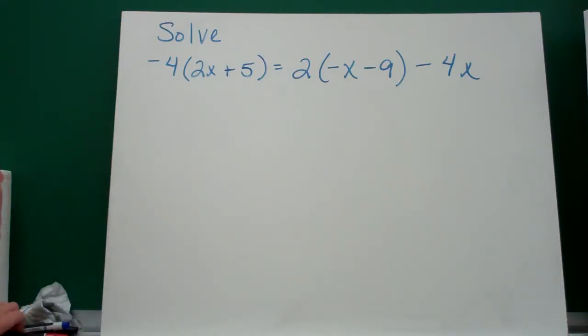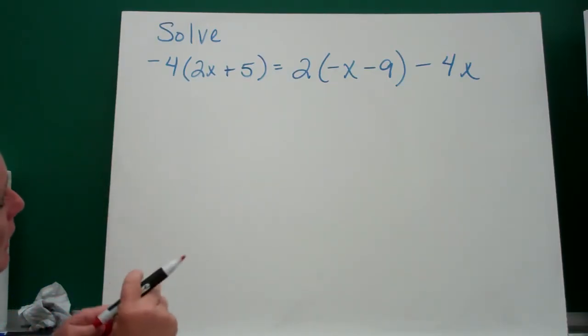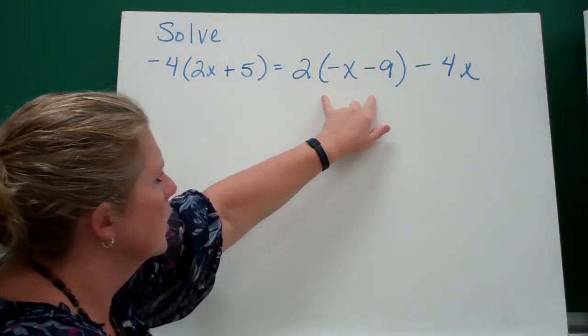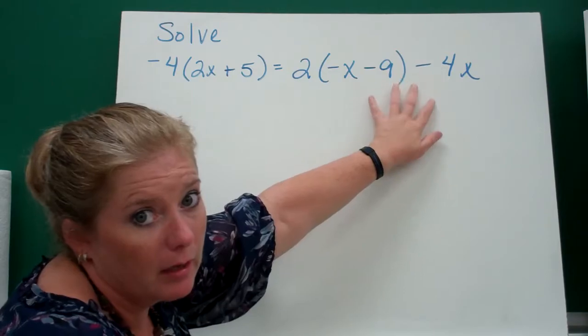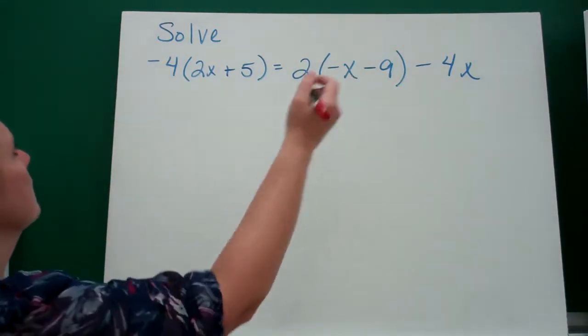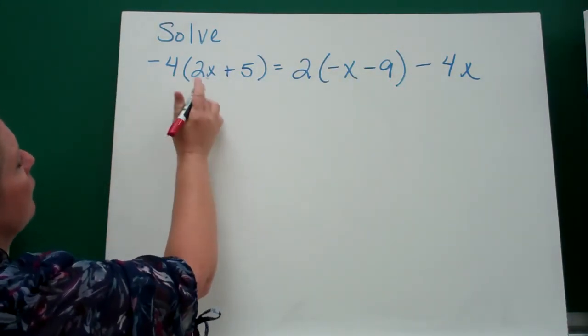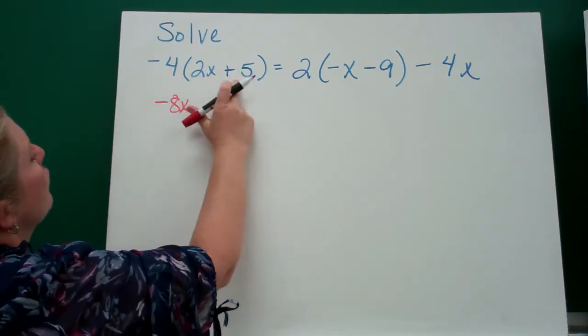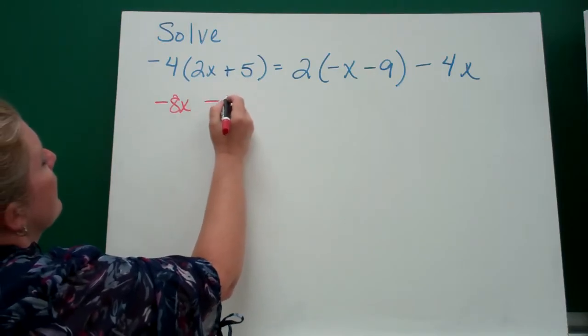Another solving problem. We like solving equations. Here it's slightly different because we have to use the distributive property here and here. Then we have to simplify by combining like terms. So let's go. Negative 4 times 2 is negative 8x. Negative 4 times 5 is negative 20.